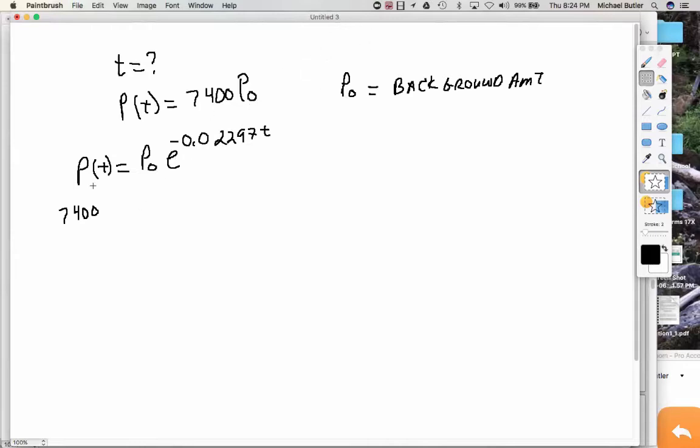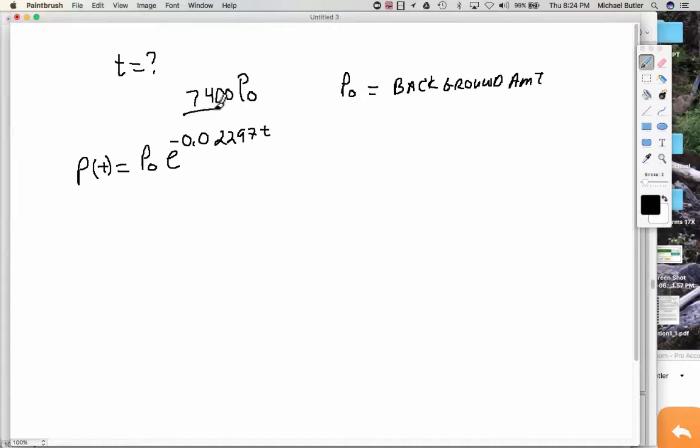My bad, I'm plugging in the wrong spot here. It's not P of T equal to 7,400 P sub 0. Hang on to that, that idea was wrong. I apologize for saying that wrong, but I just remembered it.